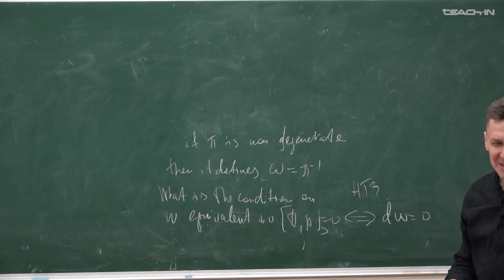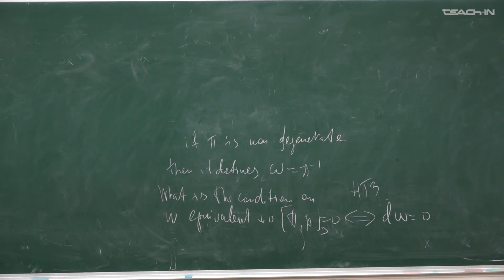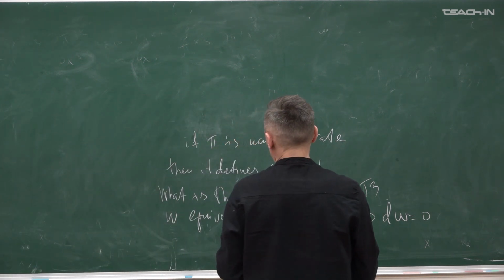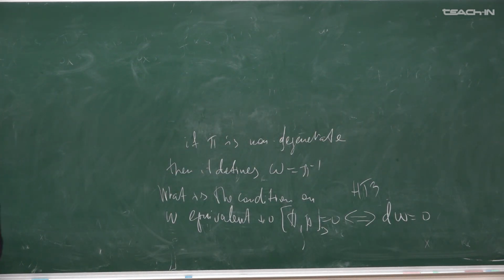It is a good home task to demonstrate this. But now we proceed to quadratic Poisson structures, quadratic Poisson structures compatible with the linear one. So I would like to recall the open Toda chain.